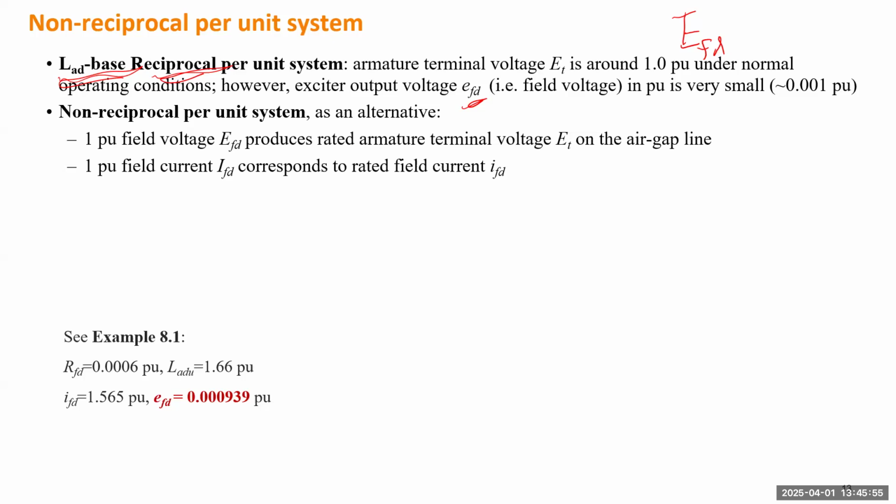We expect 1 per unit field voltage, where this capital EFD is proportional to the lowercase EFD but amplified, so this value will stay around 1. And there's another 1 per unit field current, which also stays around 1 but is proportional to the lowercase IFD. So how do we determine the new base for the capital EFD and IFD?